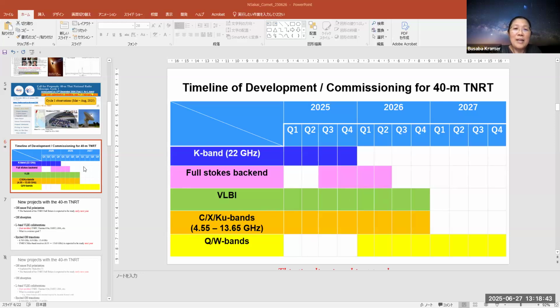Yeah, I can give you more information on why full Stokes is very important for OH. And of course, by the end of next year VLBI should be available, together with the other C, X, Ku band receivers as well. That's plenty of instrument time for OH maser observation itself.